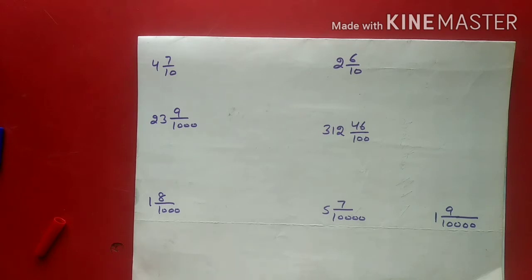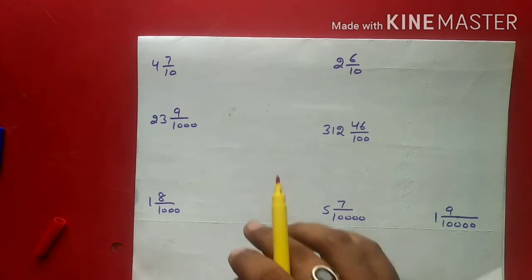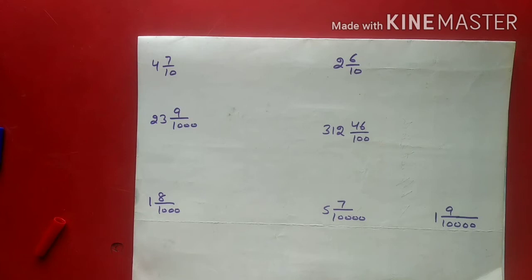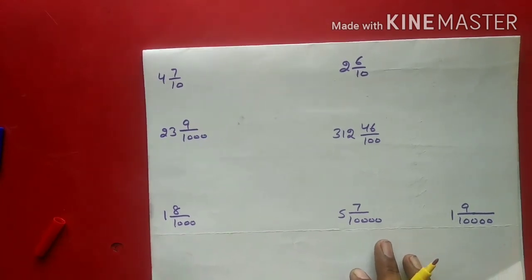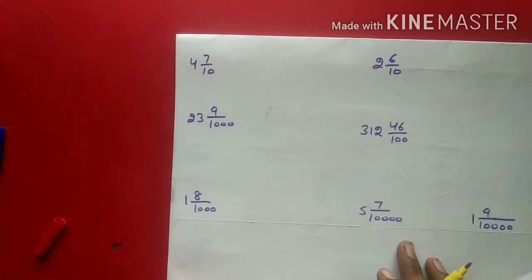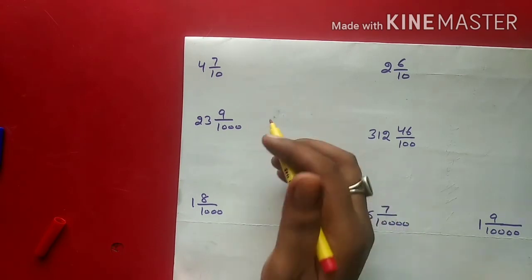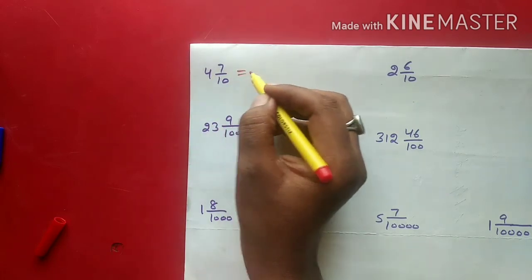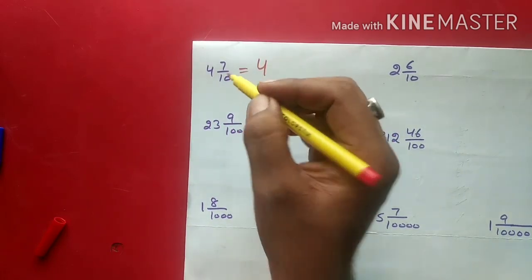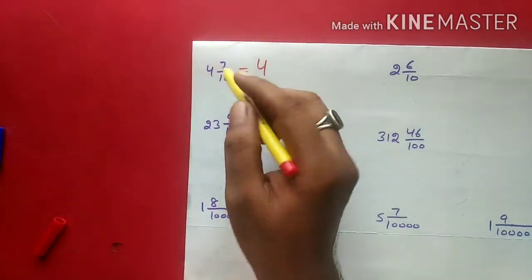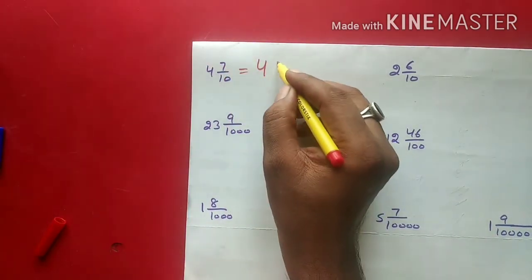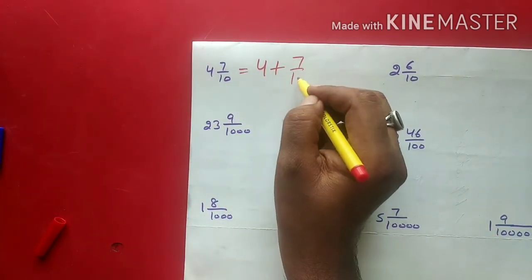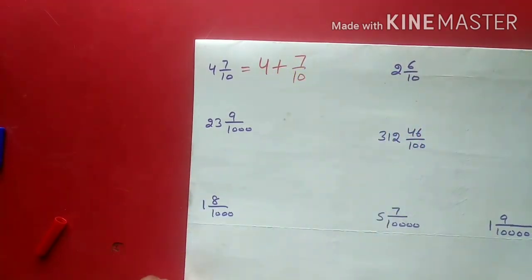Now in this footage the questions are of mixed fraction. Okay student, so you can do these questions very easily. So student, first of all you will have to see what is the number that is complete in the mixed fraction, that is 4. So write 4. Okay, now you know how you will write 7 by 10 as the decimal number.